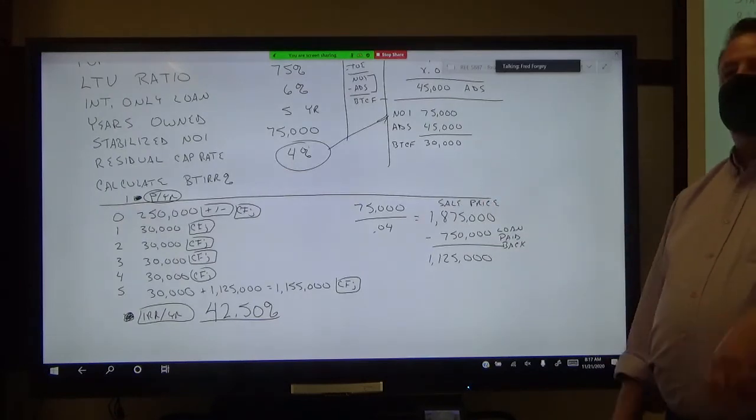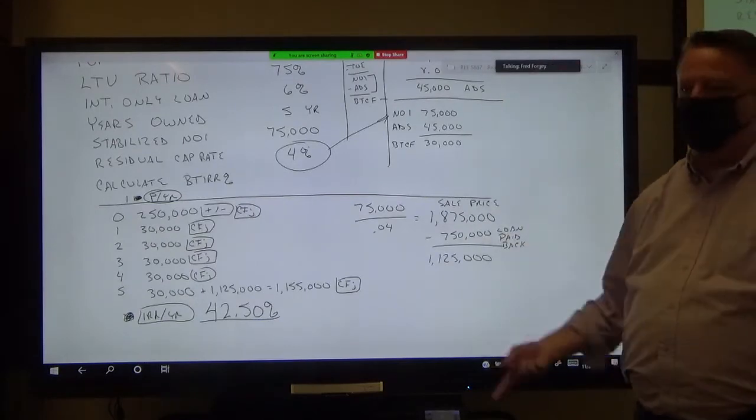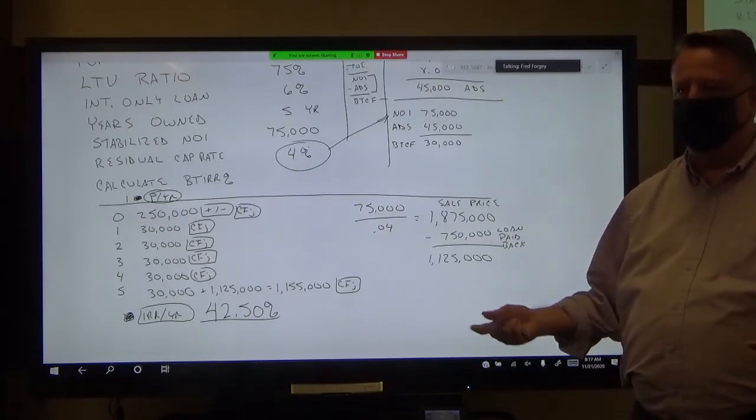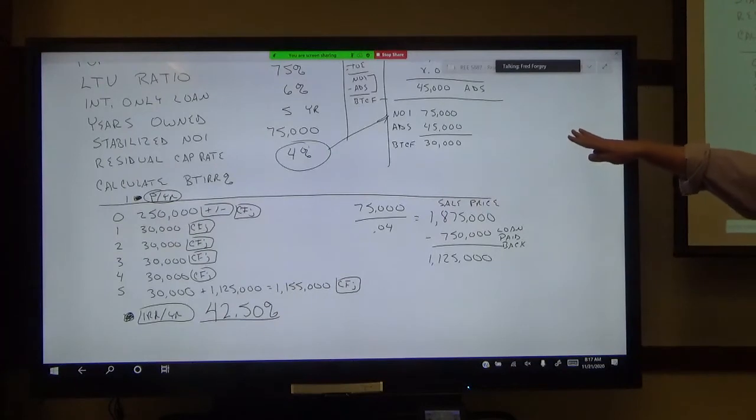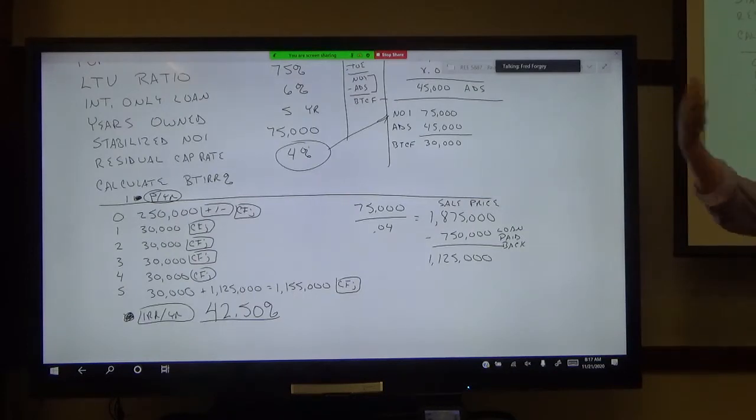Now, if we're a buyer, we would look at that totally the opposite. But as the seller of the property, this works well for us. If you're a buyer, you want to buy at a much higher cap rate, but if you're a seller, you want to sell at a low cap rate.